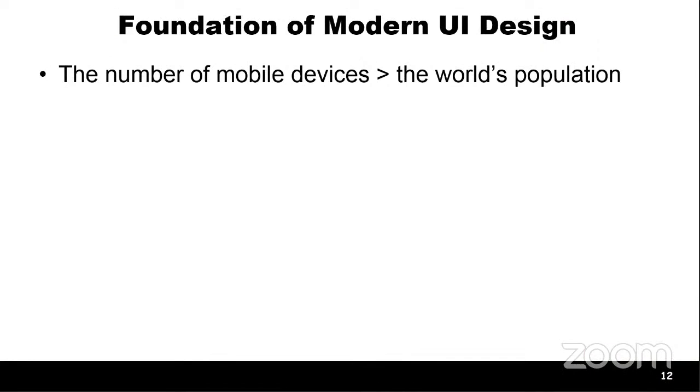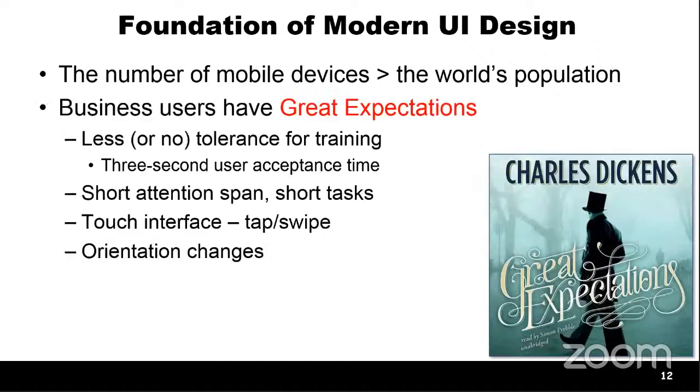So just thinking about general trends, the number of mobile devices exceeds the world's population. This has been true now for probably 3 years. So business users are expecting your application to comply with the applications they use outside the business. So there's little or no tolerance for training.